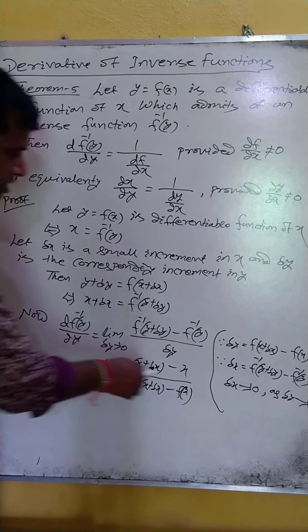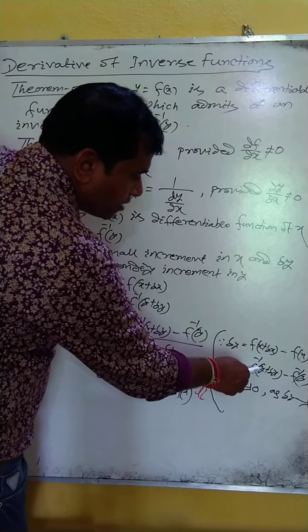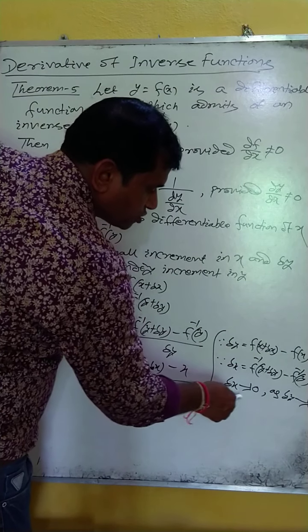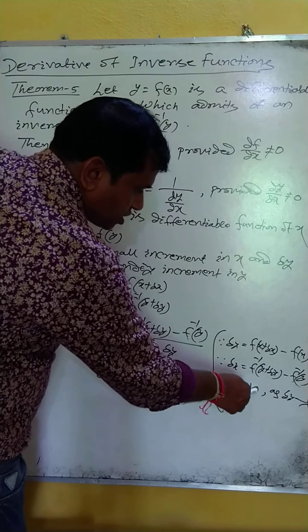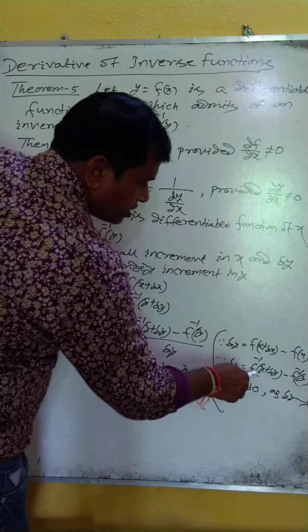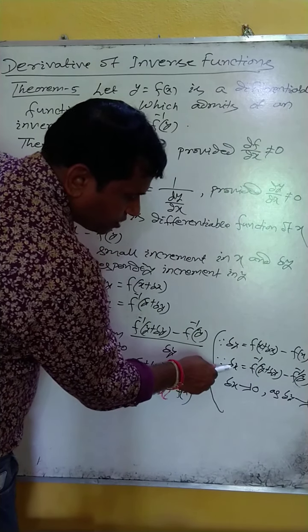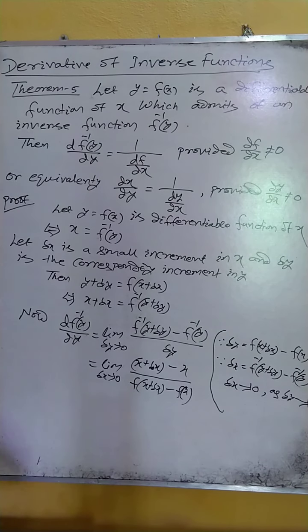If we subtract, delta x equals f inverse of y plus delta y minus f inverse of y. Delta x tends to 0 as delta y tends to 0. If we put delta y equal to 0, then we have delta x equal to 0.